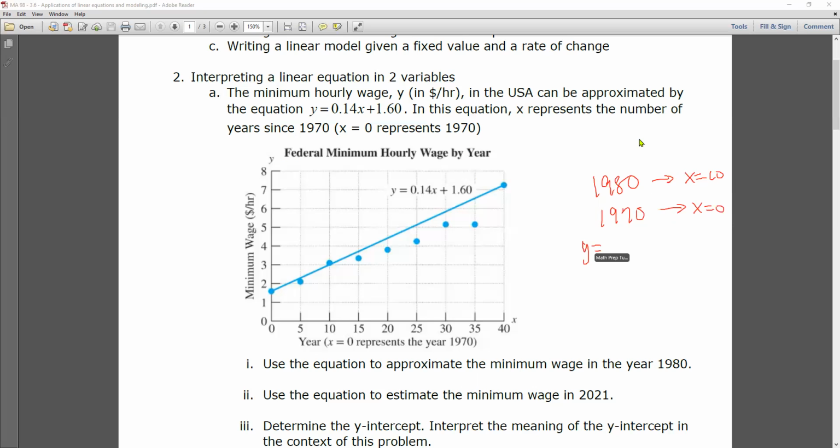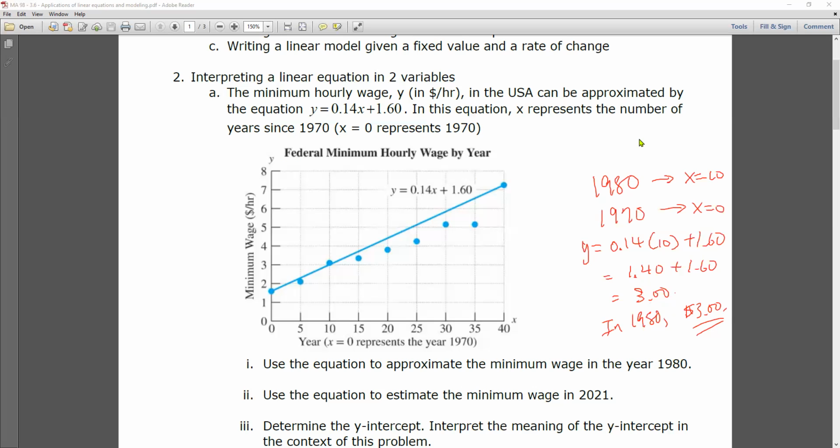So y equals 0.14 times 10 plus 1.60, and this means 1.40 plus 1.60, which equals 3. That means in 1980, the minimum wage was $3. Okay, simple as that.